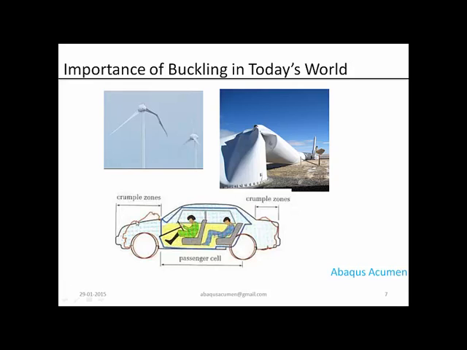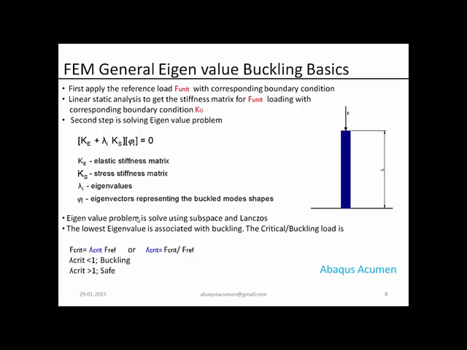And you can see the crumple zone is still used as a passive safety measure in today's cars. So you can use buckling also in your favor wherever you want to really protect the occupant, or you can control buckling in your favor.